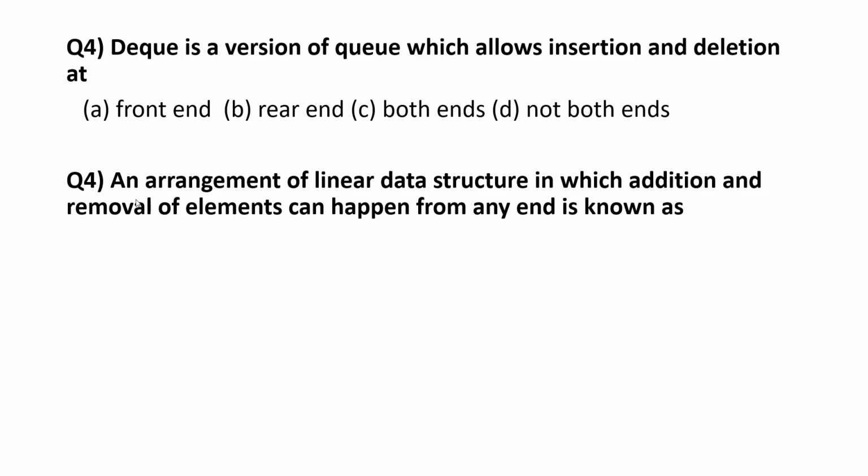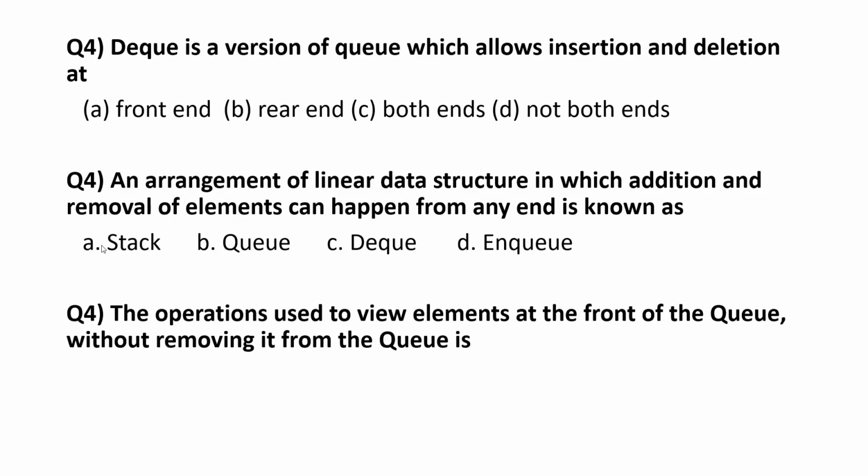Another question. An arrangement of linear data structure in which addition and removal of elements can happen from any end is known as: stack, queue, deque, enqueue. The correct answer is deque. Why deque? Why can't it be stack?